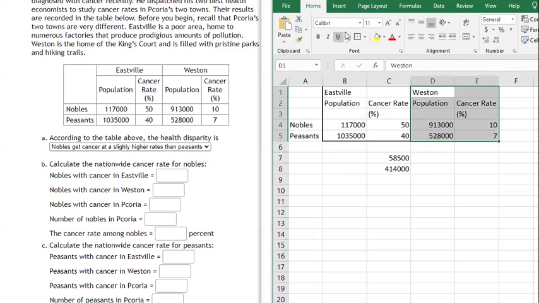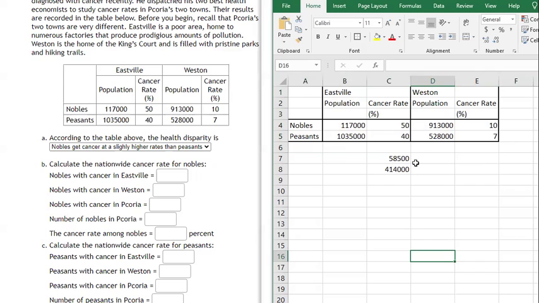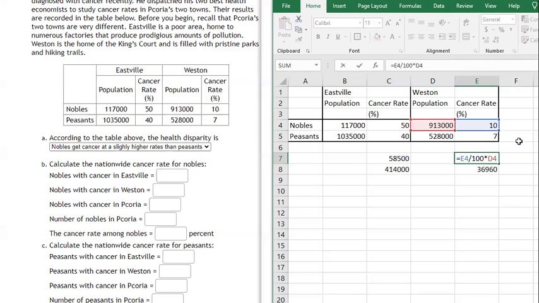And that's Weston, right? Now, the cool thing is I can just copy these two, and it will calculate the number of nobles that get cancer in Weston. And it will calculate the number of peasants who get cancer in Weston, right?